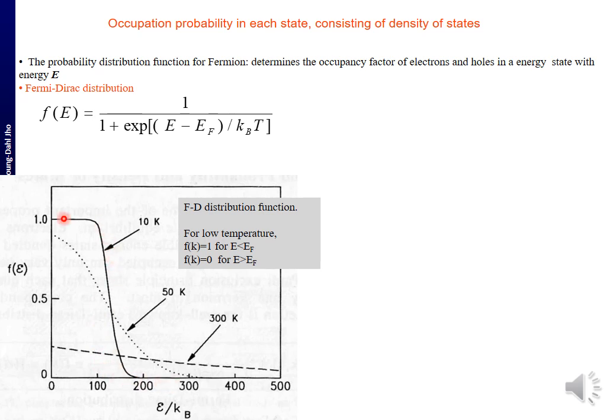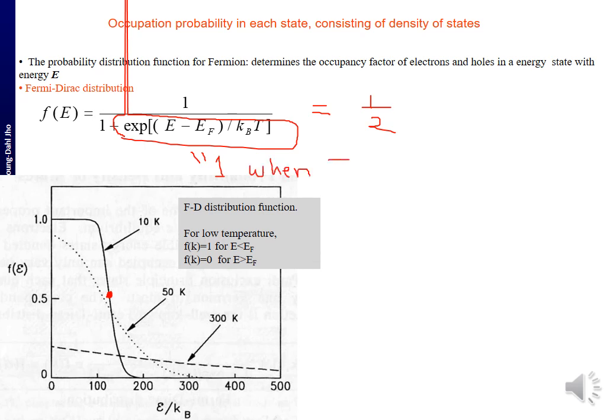Okay, and this value is actually interesting because look at this. When F becomes half, it means the exponent should be 0, so the exponential is 1. That's when energy equals Fermi energy.